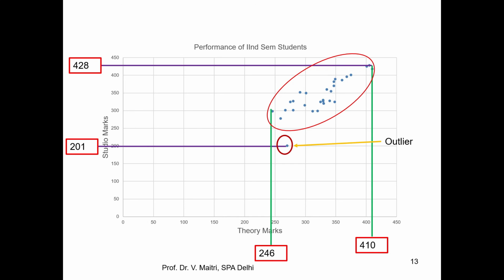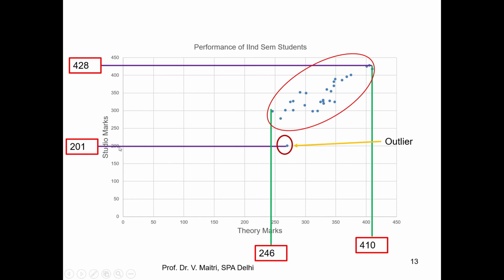Maybe the architect may not be able to do well in engineering type of theory class, or the engineer may not be able to perform well in designing type of activities, maybe. Then I can go on dividing the theory papers, 5 papers. So what is the performance in the 5 papers?